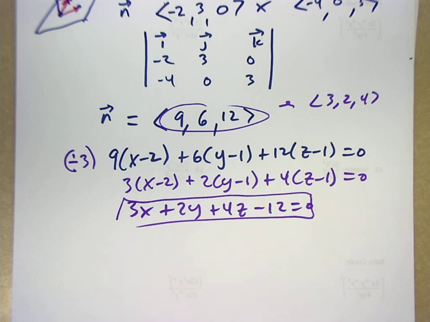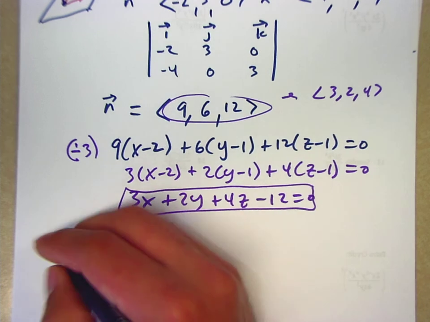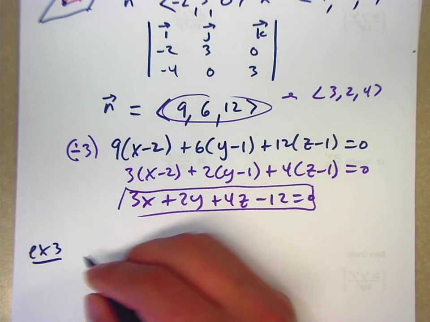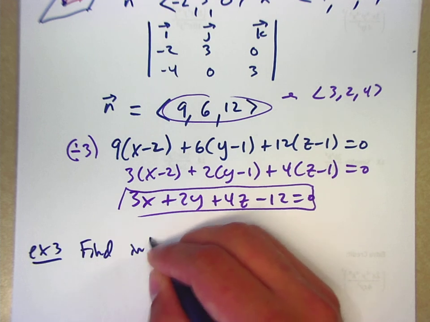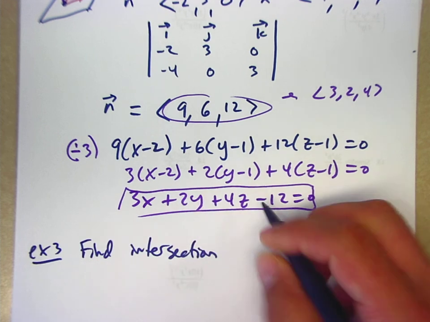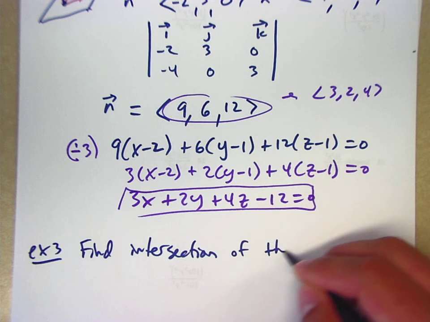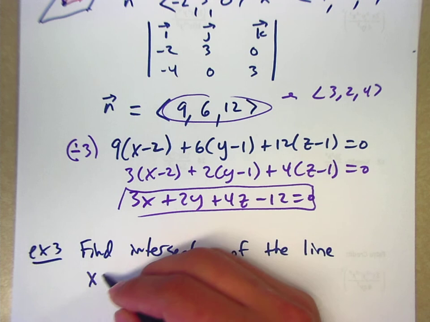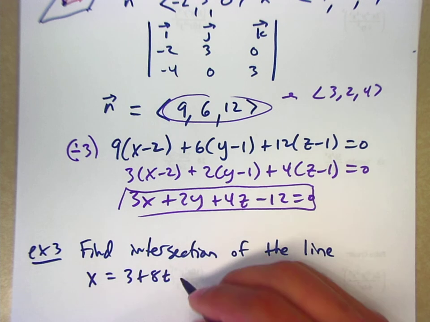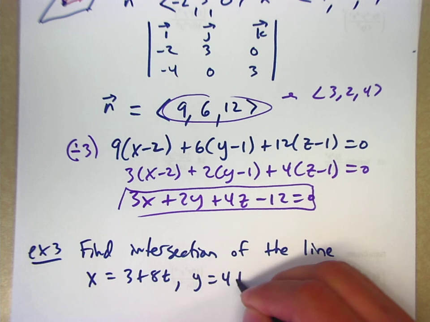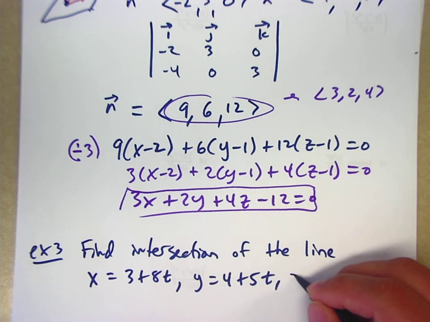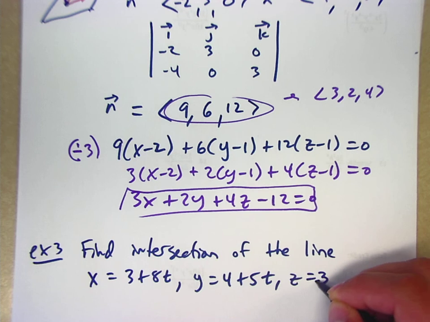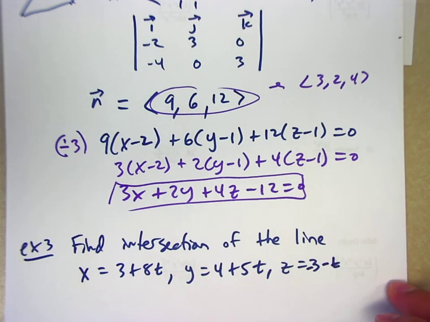Going on to another application. Find the intersection of the line x equals 3 plus 8t, y equals 4 plus 5t, and z equals -3 minus t, and the plane.